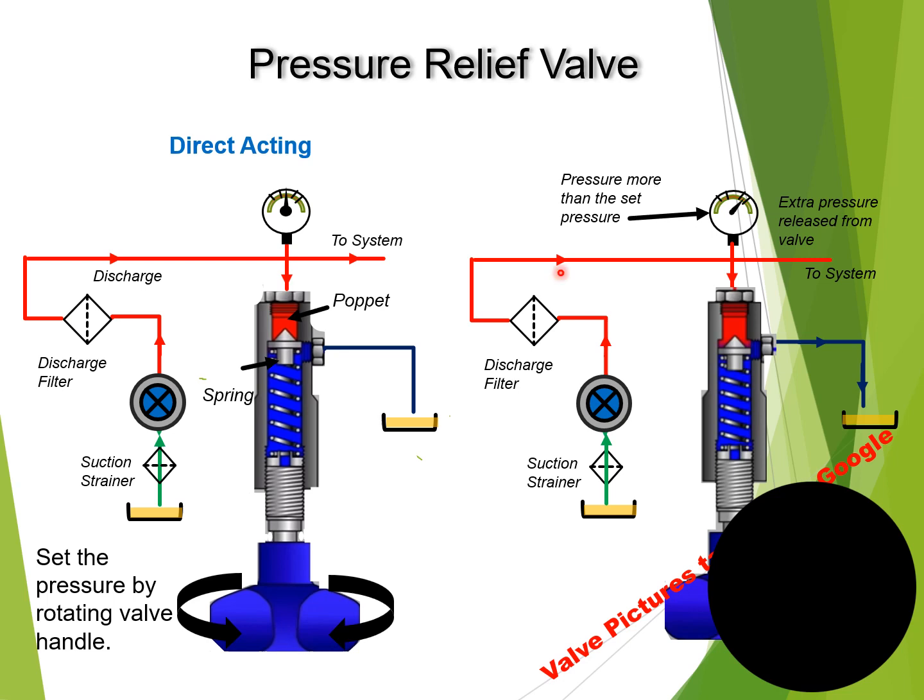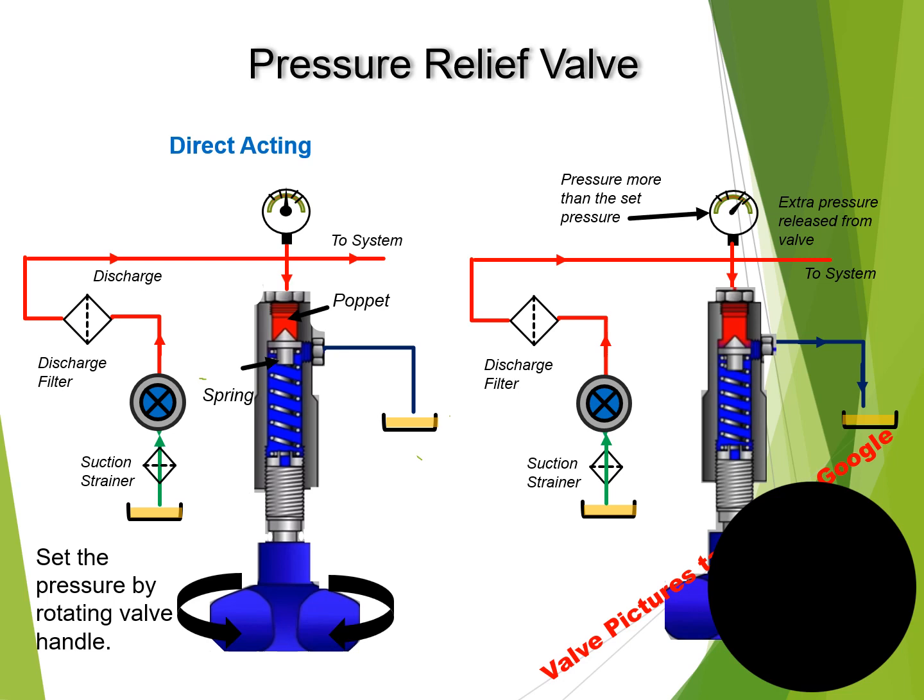If the fluid pressure is more, then you can see it has pushed down the poppet and the discharge port is open. In this condition, the hydraulic fluid will pass through this discharge port and go to the sump. It will not go to the system further. You can see the difference between the position of the poppet here.